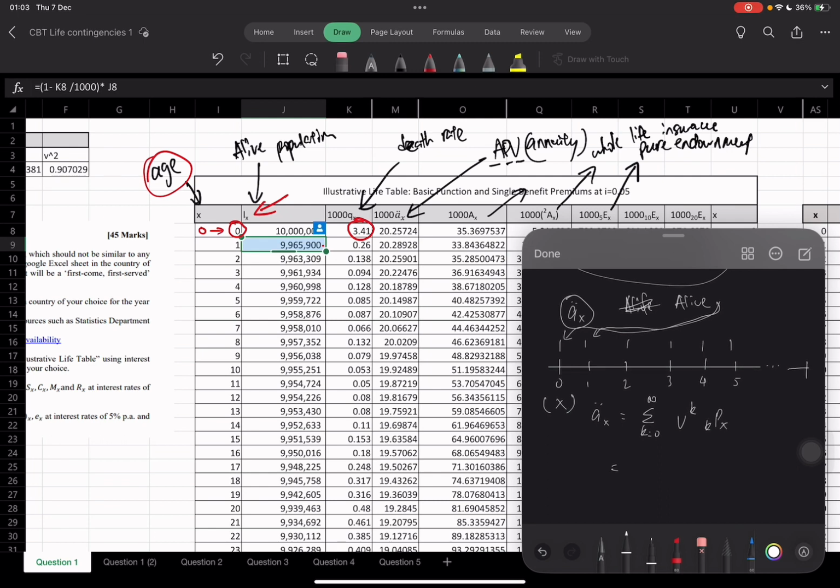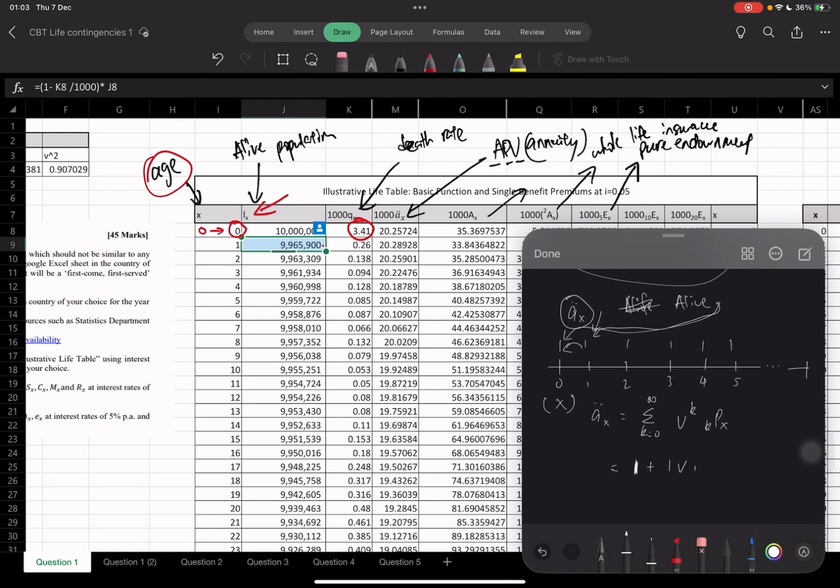For better understanding, we can see the timeline here. The first year the person will pay 1. Let's assume the premium is 1. We need to pay 1 plus the second year 1 also, but discounted. We need to discount the payment back to the first year, with the person alive during the year.